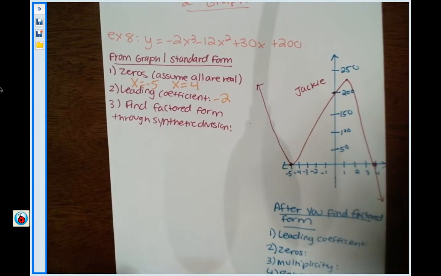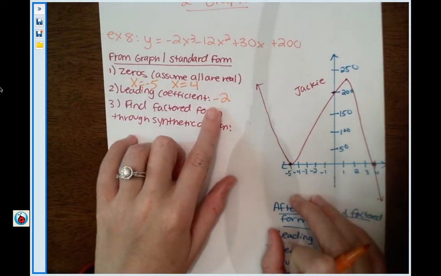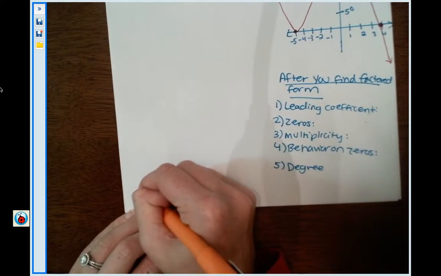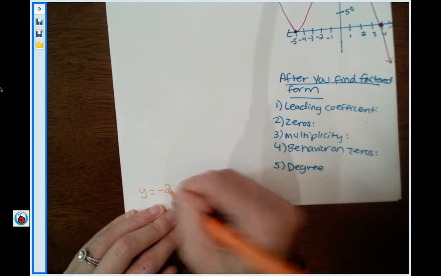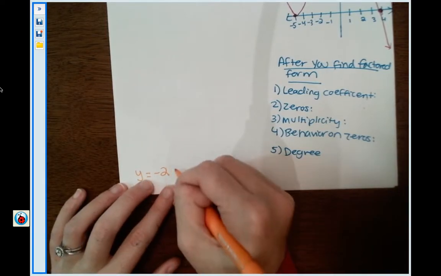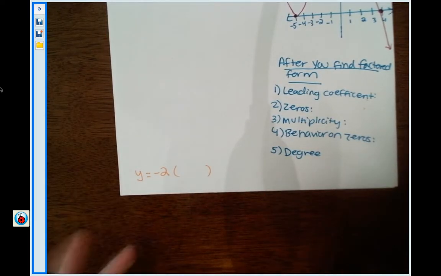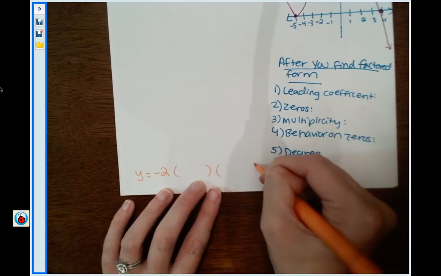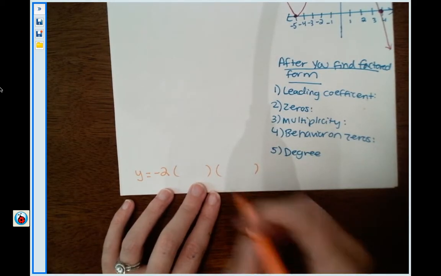Since our leading coefficient is -2, I'm going to write this at the bottom where our answer will be. Remember, you guys, in factored form, that's the very first thing you see in front of some parentheses, which currently I don't know how many I'll have. I'm just going to put 2 here because I have a good feeling we'll have 2 parentheses.